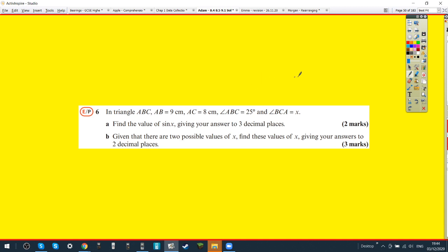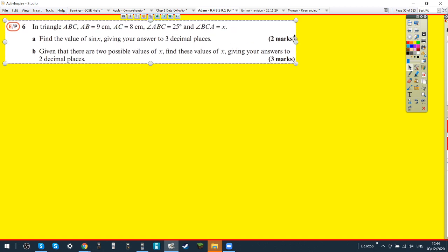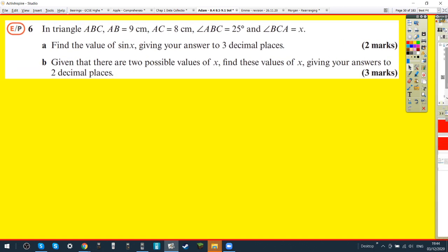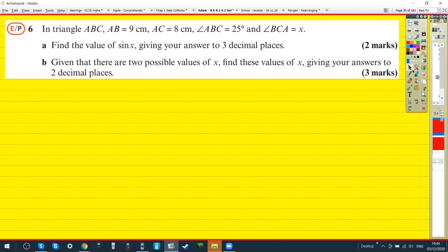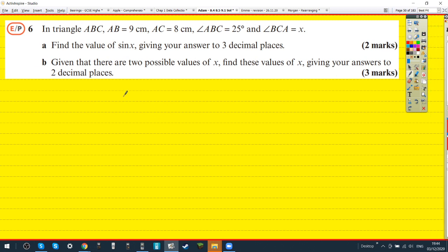Sine x. That's a little trick. Does that in some way stop us from using our calculator? I'll take a look at this. I see.